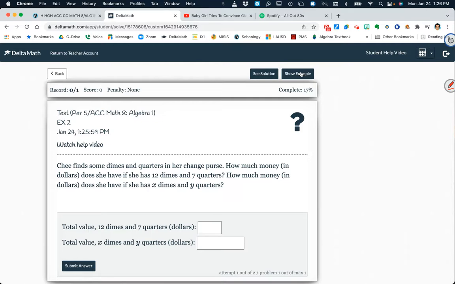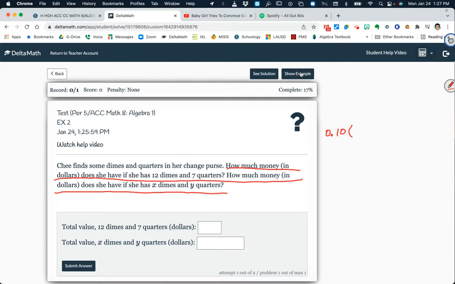Notice that: how much, in dollars. So let's stop and think. She has 12 dimes. Guys, what's the value of 1 dime in dollars? 10 cents. That's in cents, but how would you translate that into dollars? 0.10.